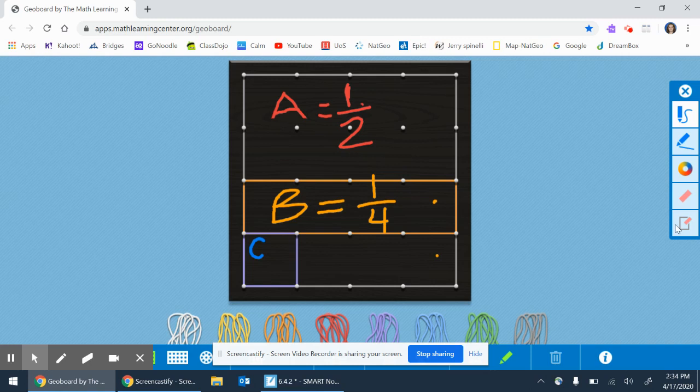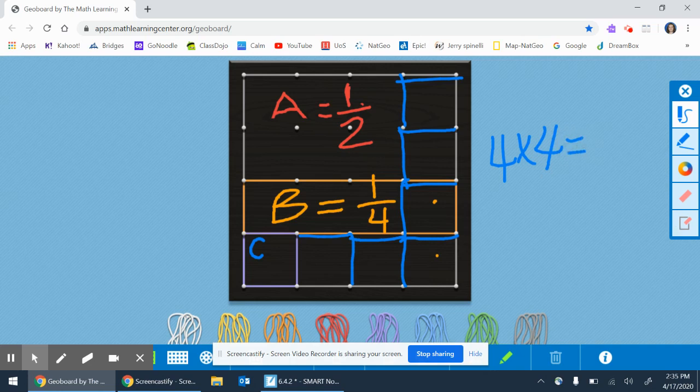So I can make all of those squares here. Oh, and we're working on area. If I know that 4 squares go this way, and I can see 4 squares go this way, I could do 4 times 4 to find out how many squares I would have all together. And that's 16. So my C is going to be equal to 1/16. This square is only 1/16 of the whole thing.